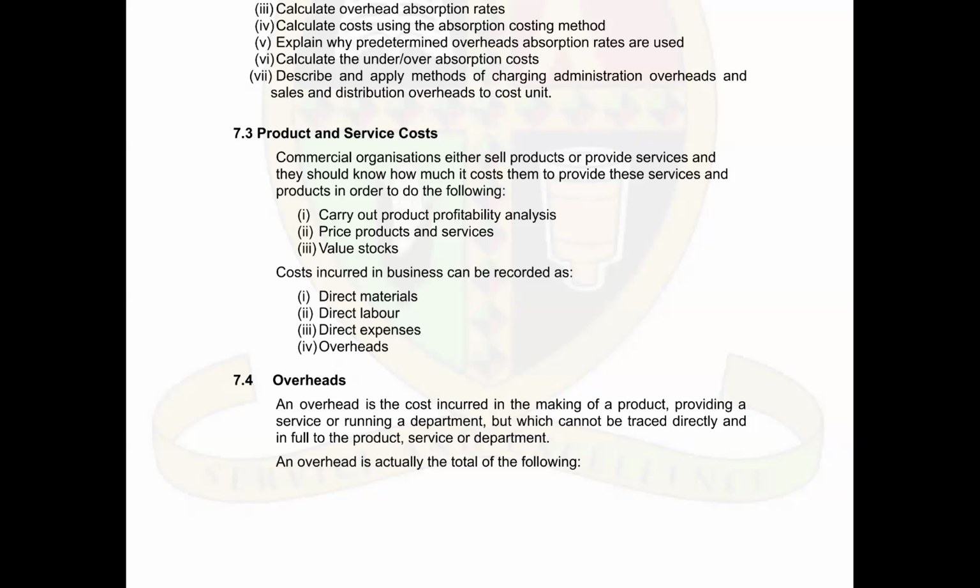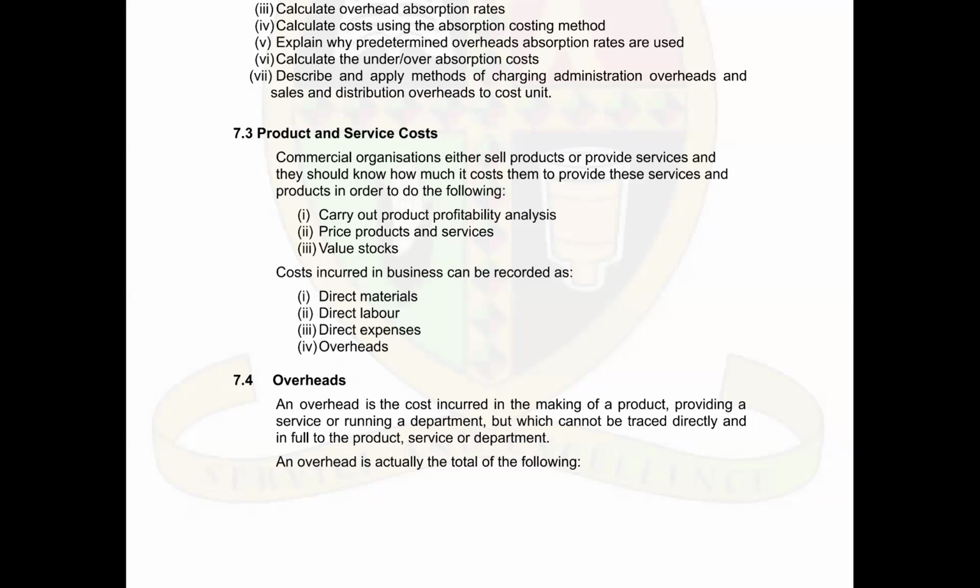I'll repeat. The overhead costs are basically indirect costs.